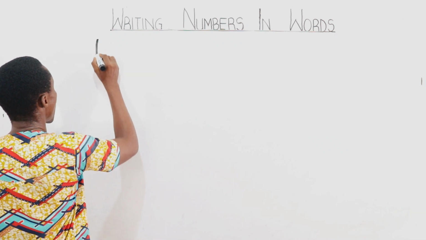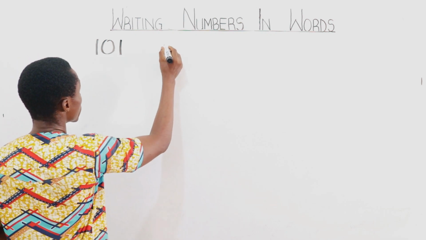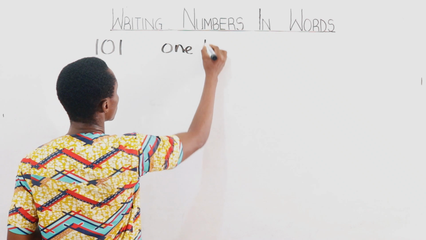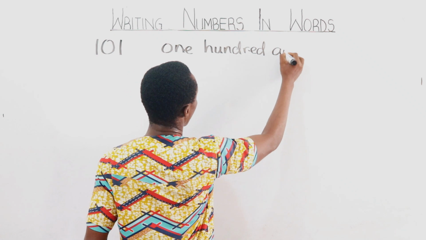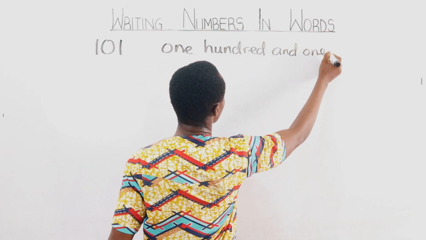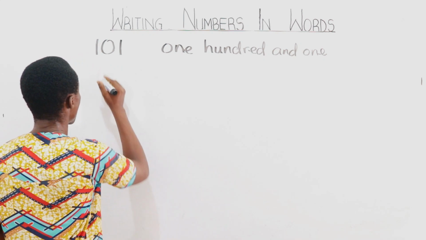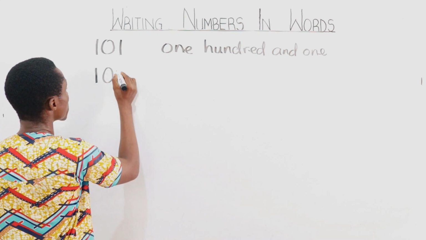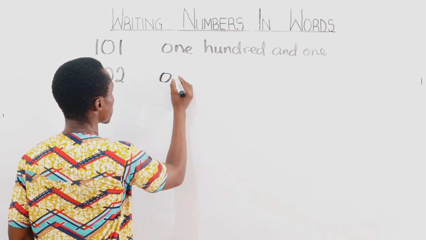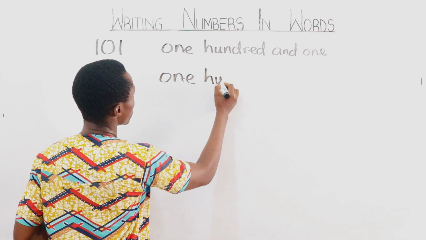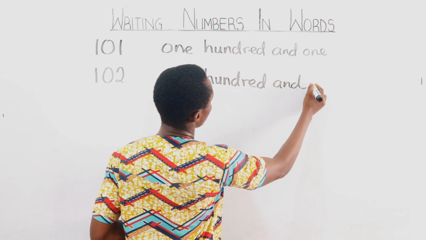And 101 is this. In words, it is 100 and 1. If we add 2 to 100, we are going to have 102. And that in words is 100 and 2.